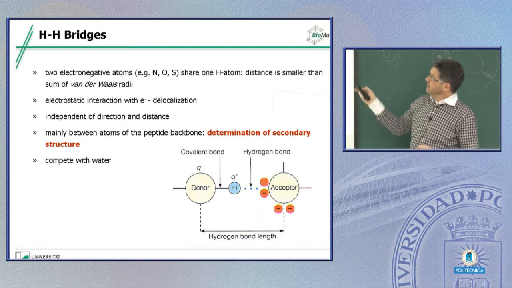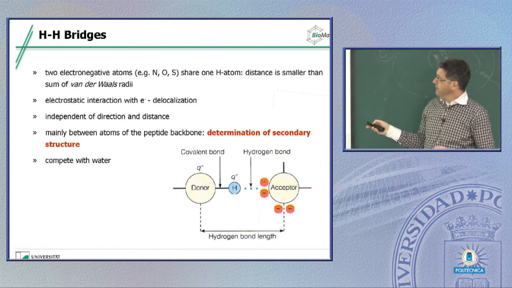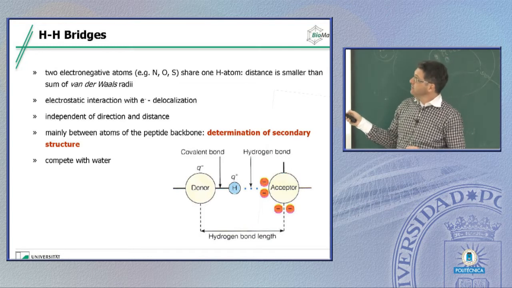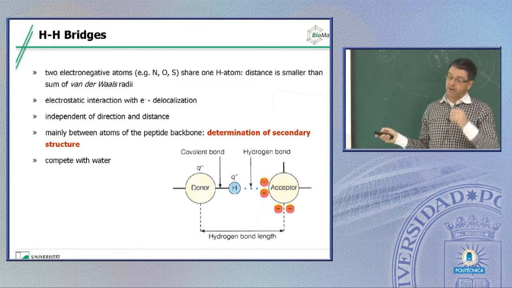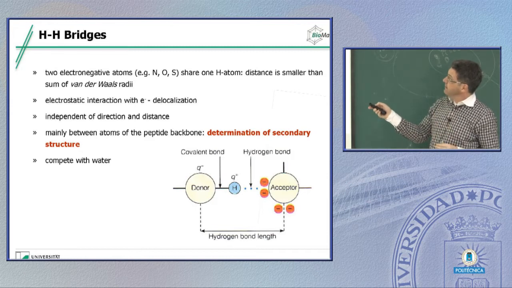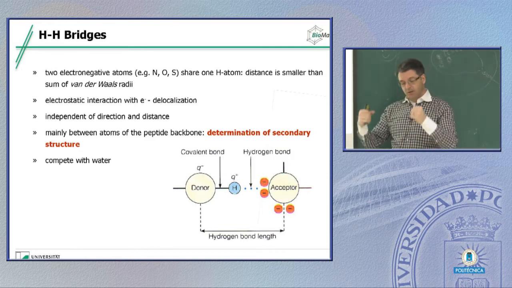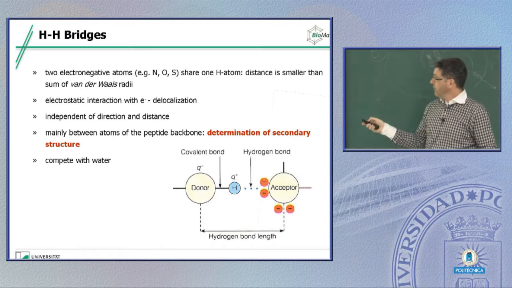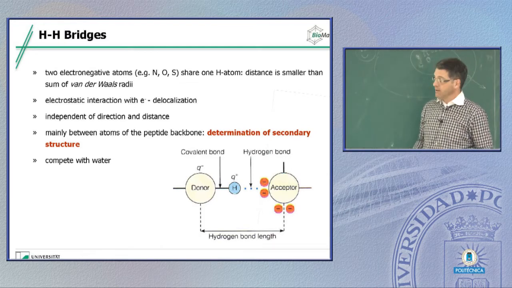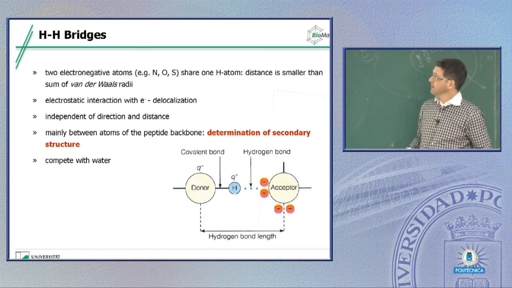Interestingly, the distance between the hydrogen and the other atom is smaller than the sum of the van der Waals radii. And this makes the H bond energetically so strong, and therefore H bridges are very important in stabilizing protein structure.